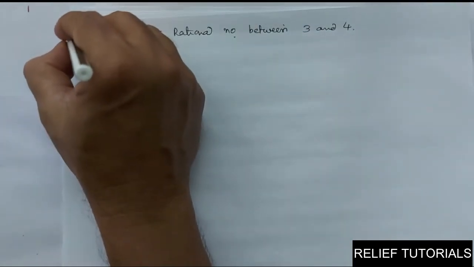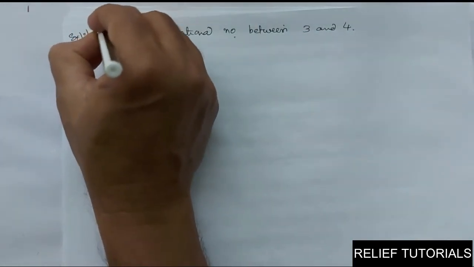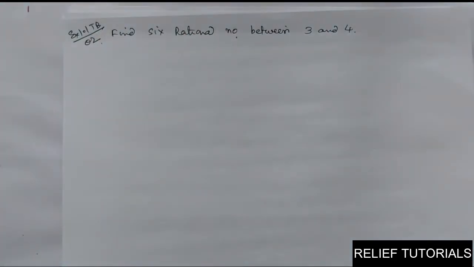Okay, this is Exercise 1.1, textbook question number 2 we are doing. Find 6 rational numbers between 3 and 4.